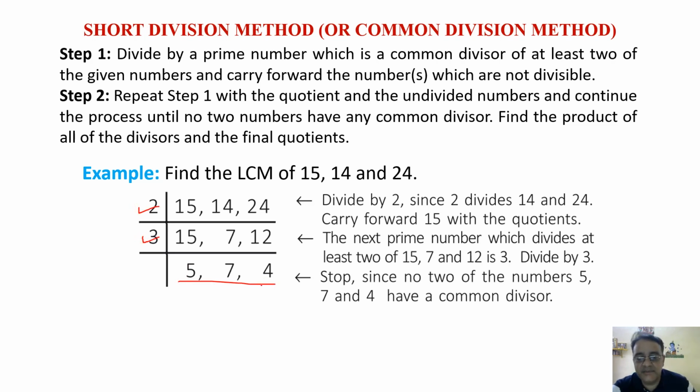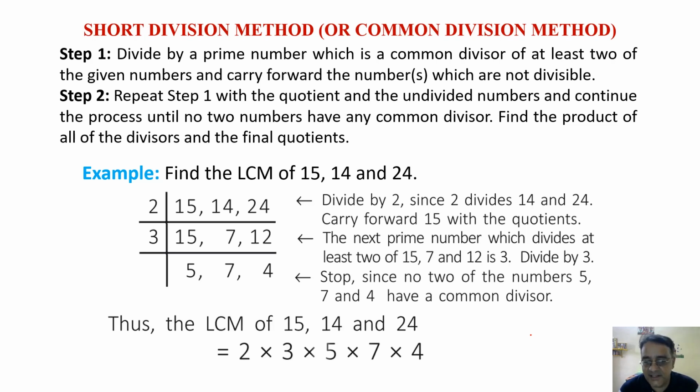A book may also divide 4 by 2 to get 5, 7, 2. So this is also not wrong, don't confuse. But the rule says that if no two of the numbers have a common divisor, then stop. So we will multiply 2 into 3 into 5 into 7 into 4 and that is the required LCM.